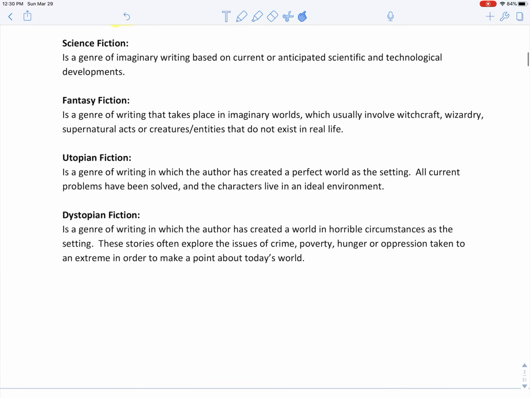Another category that fits under speculative fiction is the idea of science fiction. So science fiction is usually based on current or anticipated scientific and technological developments. So anybody who's a fan of Star Trek, you're familiar with science fiction. Fantasy fiction, another subcategory underneath speculative fiction, is any kind of writing that takes place in imaginary worlds.